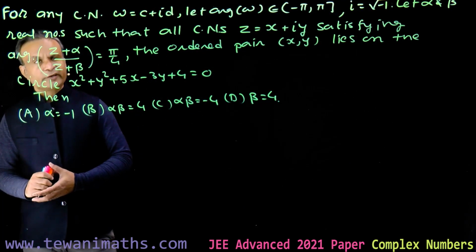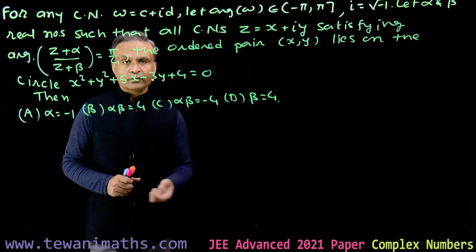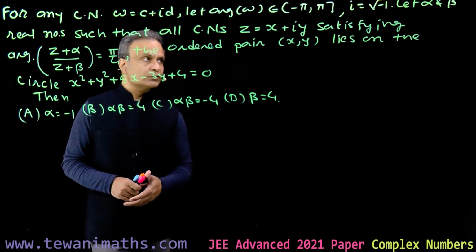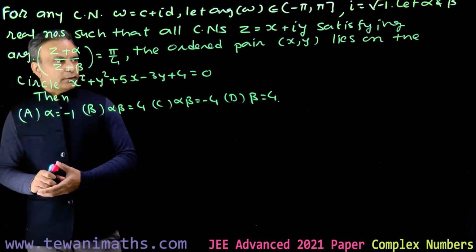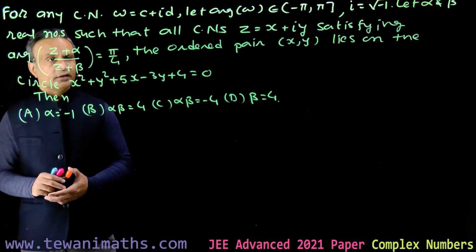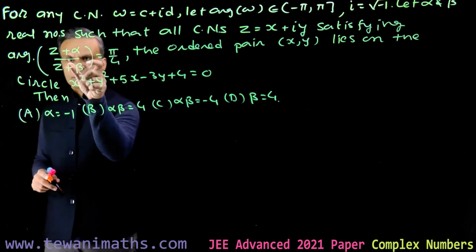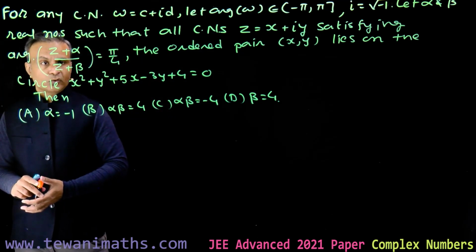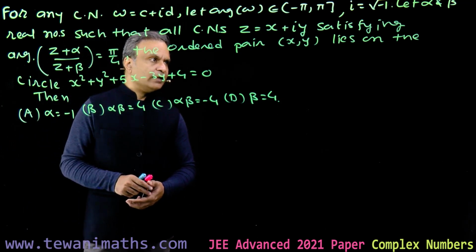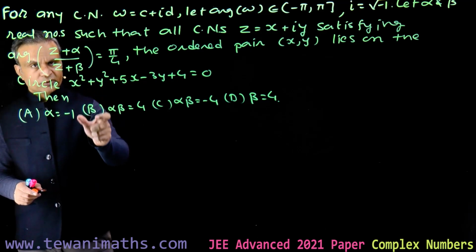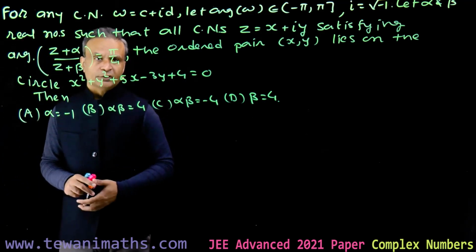Now with this question, for any complex number W equal to C plus iota D, let argument of W belong to the interval minus pi to pi, where iota is equal to square root of minus 1. These are general things. Now let alpha and beta be real numbers such that all complex numbers z equal to x plus iota y satisfying the equation argument of (z plus alpha) over (z plus beta) equal to pi by 4, the ordered pair x comma y lies on the circle whose equation is x square plus y square plus 5x minus 3y plus 4 equal to 0.